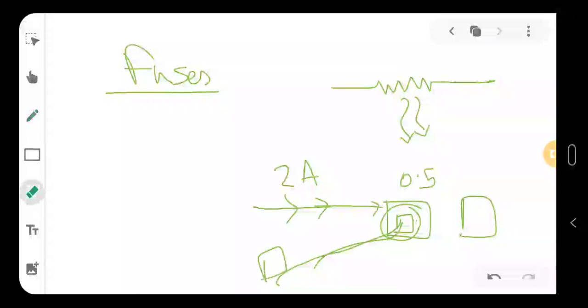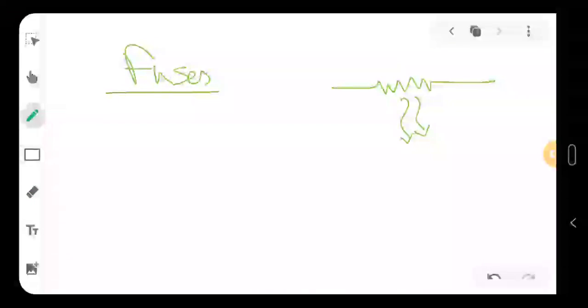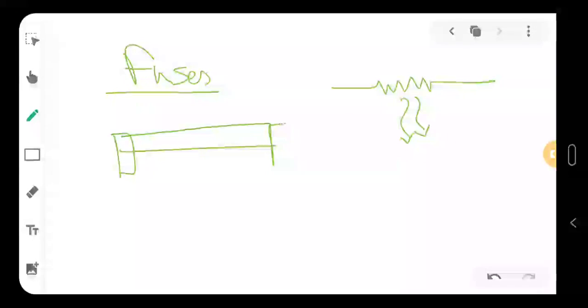So what do we use? We use a fuse. What is a fuse? A fuse is a piece of wire. It looks something like this. It's a thin piece of wire.